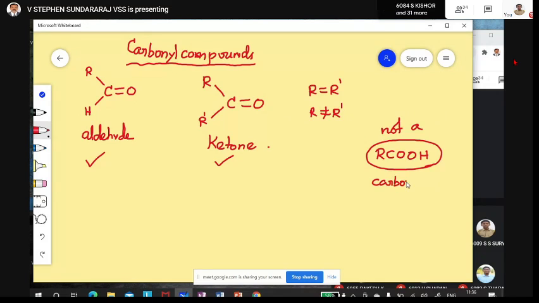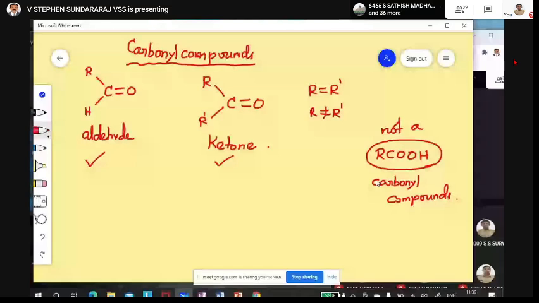It is very easy to understand because of resonance. Carbonyl compounds are only aldehydes and ketones. This acid is not a carbonyl compound, but some acid derivatives can be considered. You will understand once you know why carboxylic acids are not carbonyl compounds.